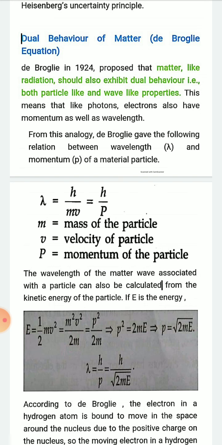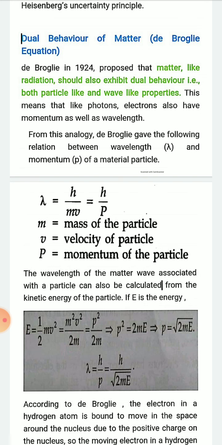So according to de Broglie, the wavelength of a particle can be written as lambda is equal to h by mv, or lambda is equal to h by p, where lambda is the wavelength of the particle, h is Planck constant, m is the mass of the particle, and v is the velocity of the particle.